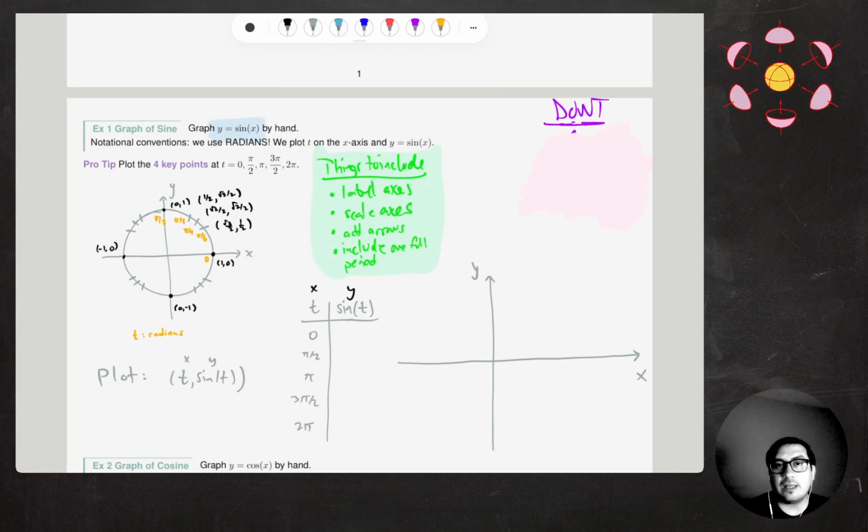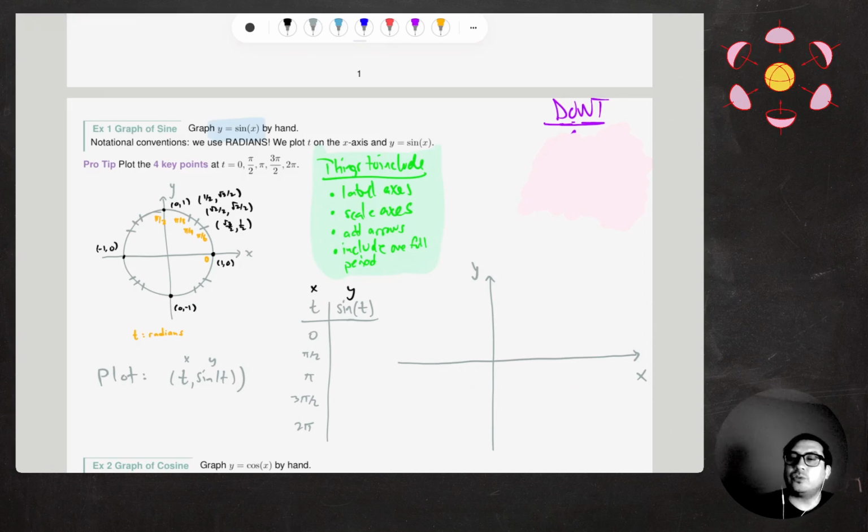It's a little confusing, because you're actually plotting the t-axis along the x-axis. So that's going to be really crucial. Now, whenever you need to plot the graph of something, we are going to do the following. The x-coordinate will be the t variable. The y-coordinate will be sine of t.